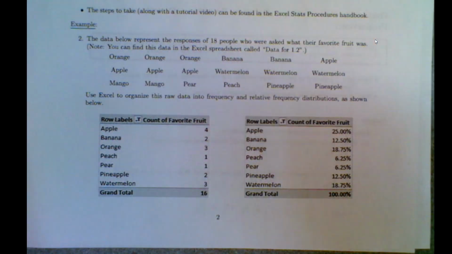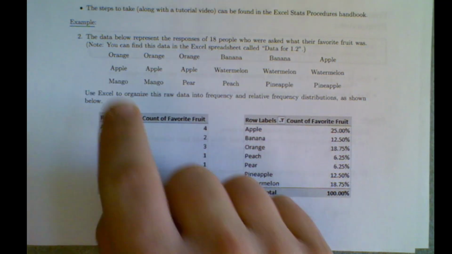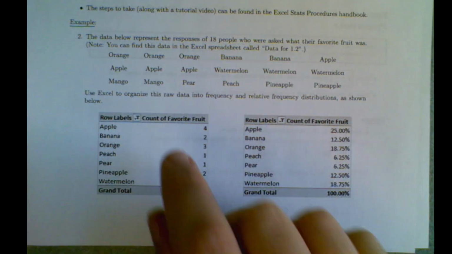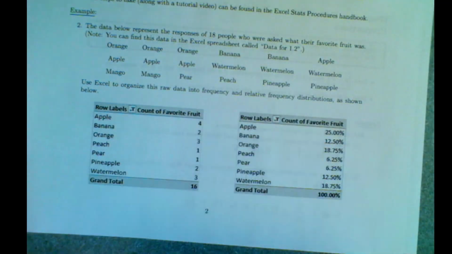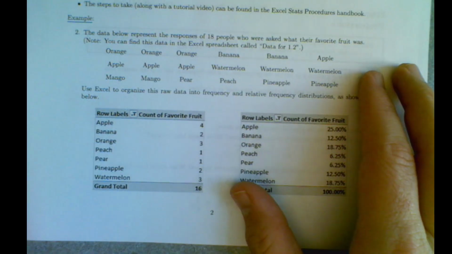So this first example says, the data below represent the responses of 18 people who were asked what their favorite fruit was. Right? So the first person said orange. Oh, actually, it looks like they've just been organized. But anyway, there were a few people who said orange, banana, apple. These were their responses.